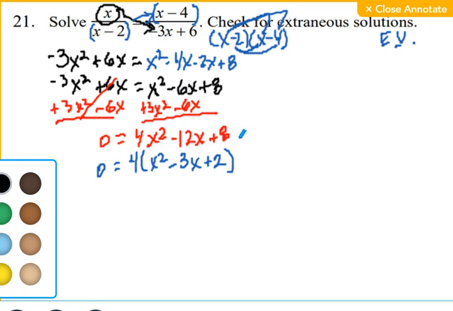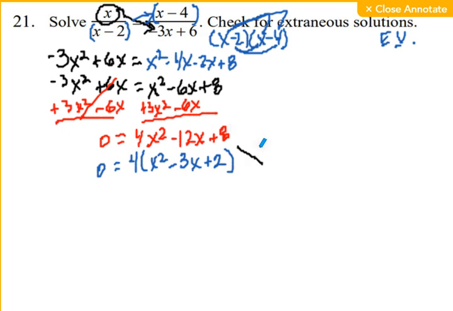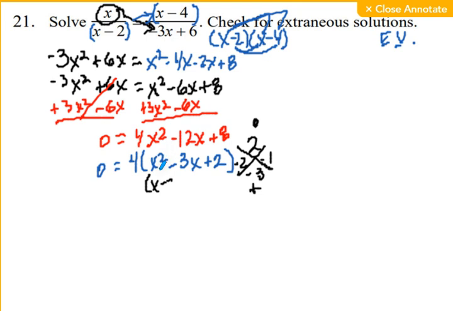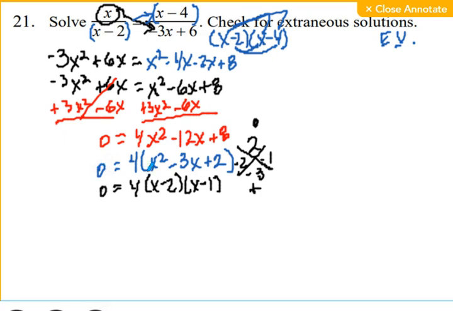Yeah, Mr. Q. We need factors of positive 2 that add up to negative 3. And those are what, Angel? Negative 2 and negative 1, that is correct. So my factors are x minus 2, x minus 1, bring down the 4, and all that equal to 0.